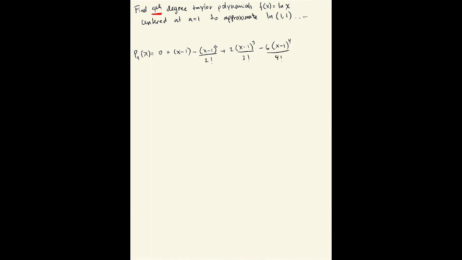And stop here, and I will get, cancel, remove the factorial. Okay, and then after that we change the x into the number that we want to approximate.